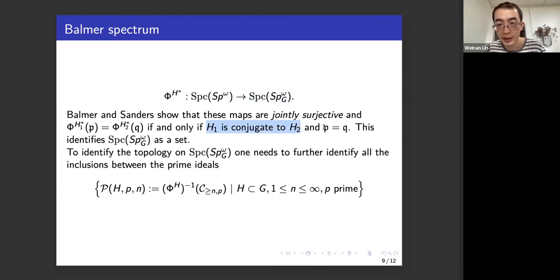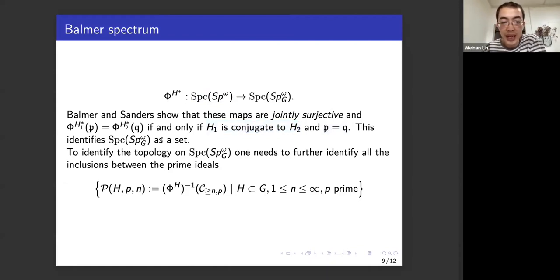You have to start from the same thing to hit the same target, and that's just one of the conditions. You also have to make sure that those two different groups are conjugate.